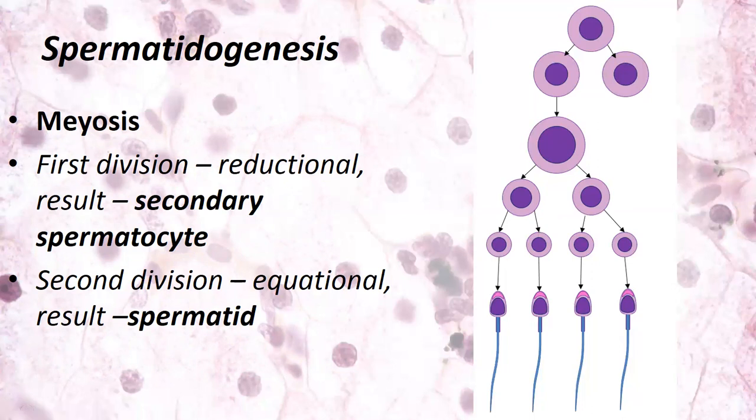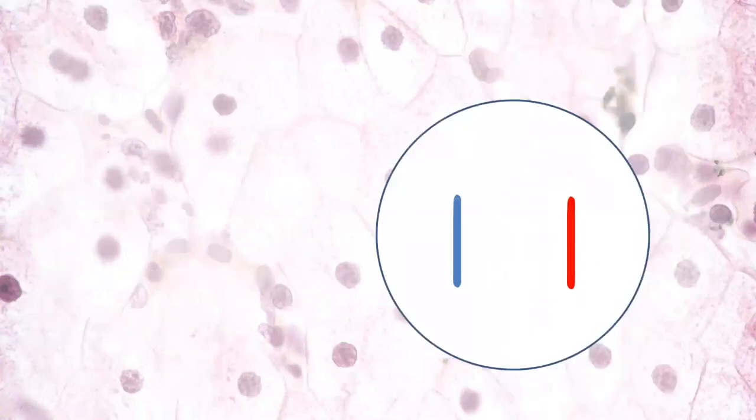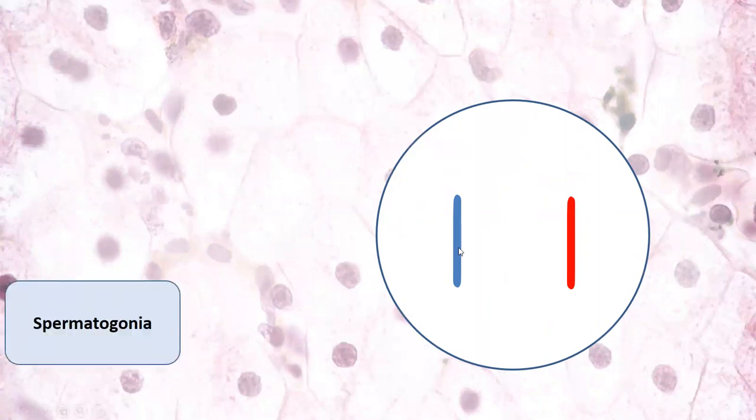First division is reductional, and second division is equational. So what does it mean? Let's look at the karyotypes of different cells and what changes occur during spermatogenesis. Spermatogonia have karyotype 2N, 2C. Here we can see 1 pair of chromosomes.